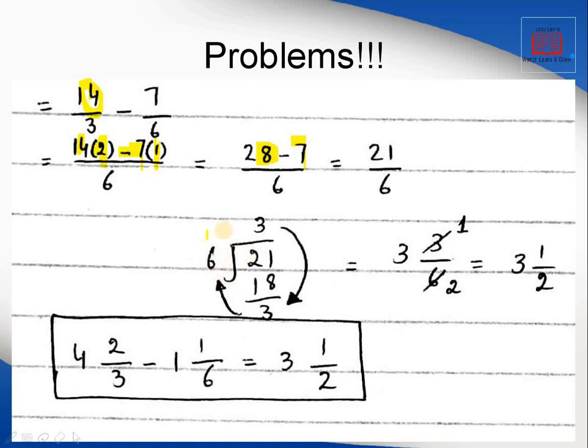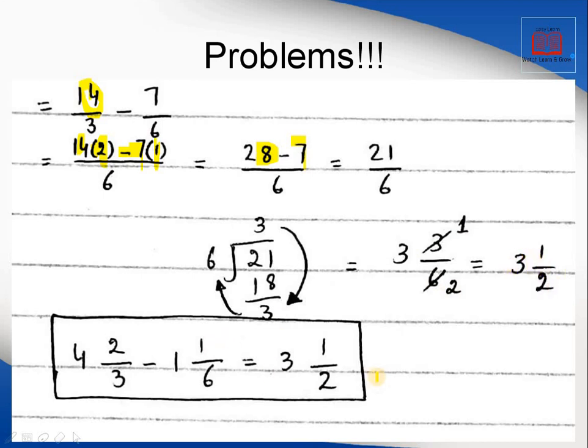The dividend is always inside. So 6 multiplied by 3 is 18 and the remainder is 3. This is the clockwise conversion, and this is 3 and 3 by 6. 3 by 6 can be cancelled by the cancellation process, dividing by 3, 3 divided by 3 is 1 and 6 divided by 3 is 2, so 3 and 1 by 2.